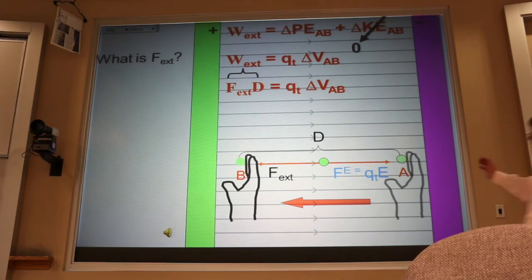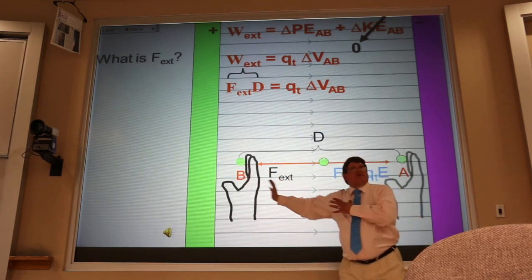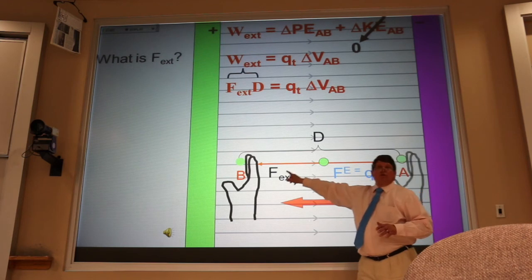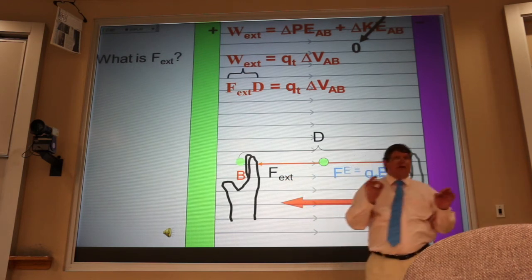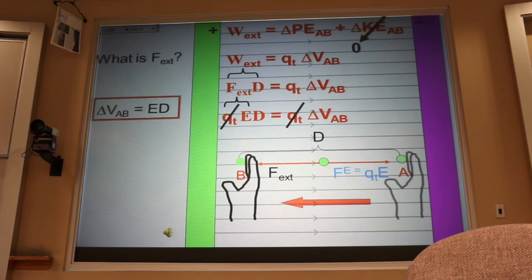I have to push a little bit harder to get it started, a little bit less to get it stopped, but on average I've got to push just this hard with the hand. And I'm pushing in the same direction that it's going, positive work. Now I put that in, and here is the magic. The q's cancel. And what I'm left with is a formula for the voltage that is so simple. The voltage between A and B is equal to the electric field times the distance between A and B.